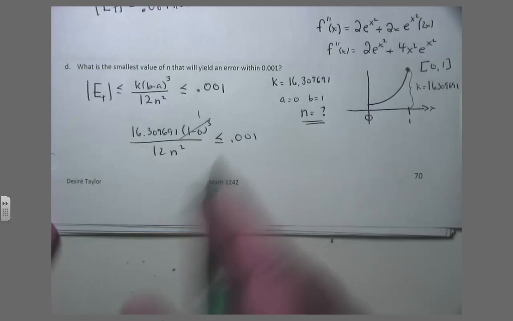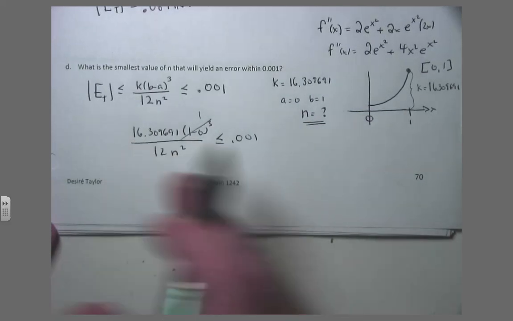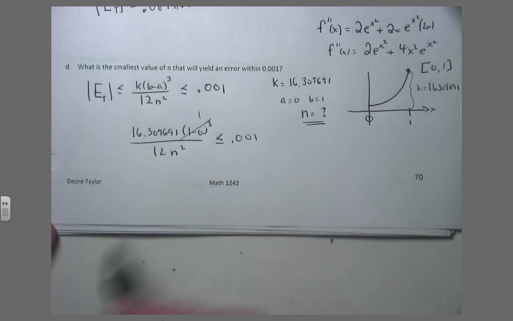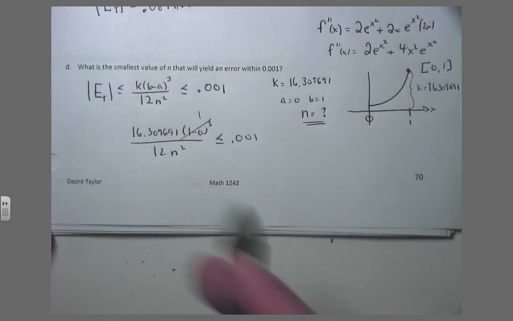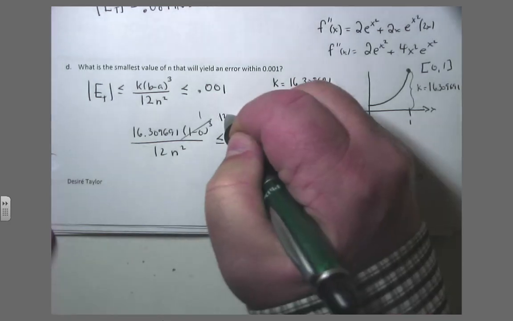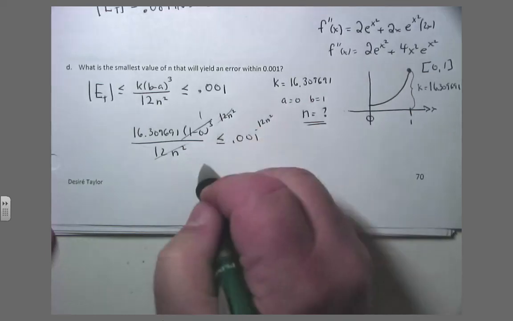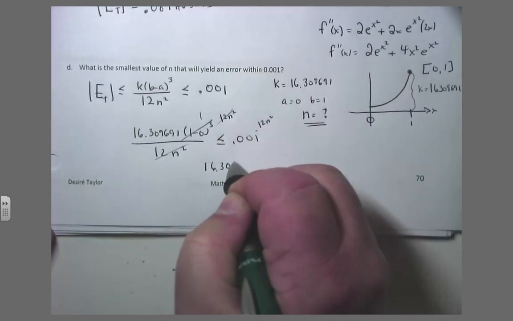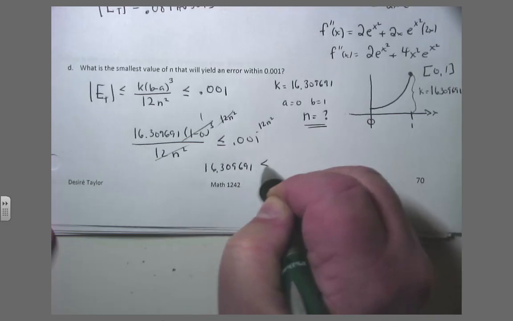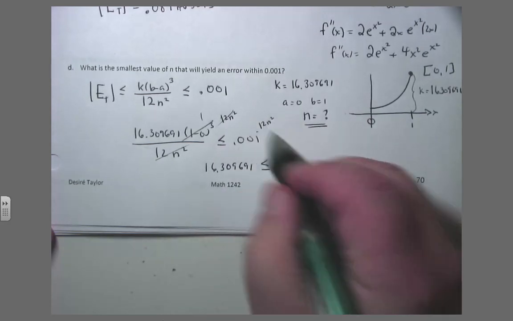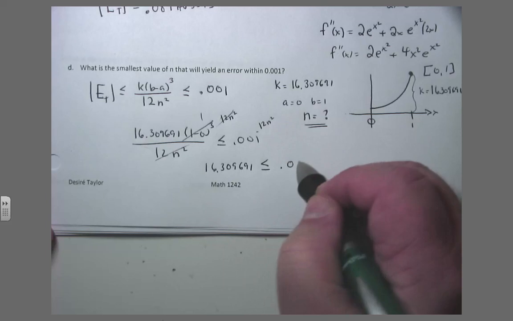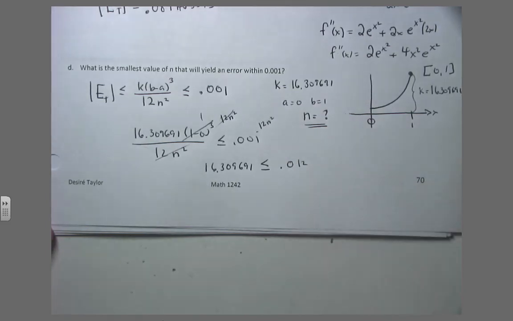So I've got a fraction less than or equal to 0.001. First thing I want to do, after cleaning up the arithmetic, is get rid of the fraction. I'm going to multiply both sides by 12n squared. When I do, it cancels my denominator. That gives me 16.309691 is less than or equal to 0.001 times 12, which is 0.012, times n squared.